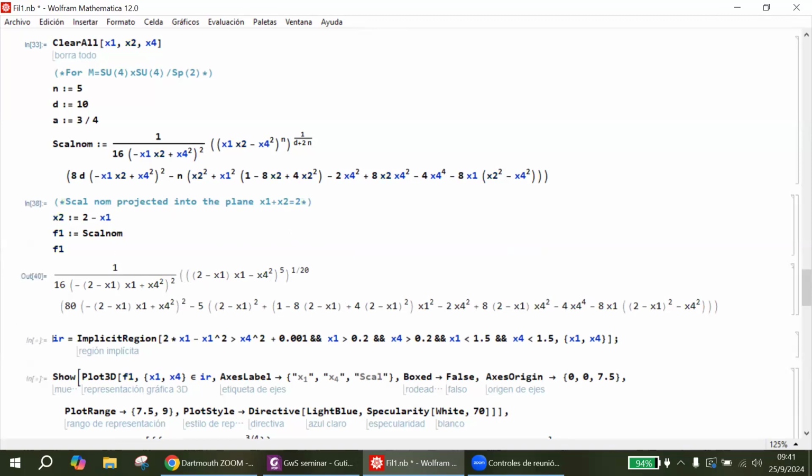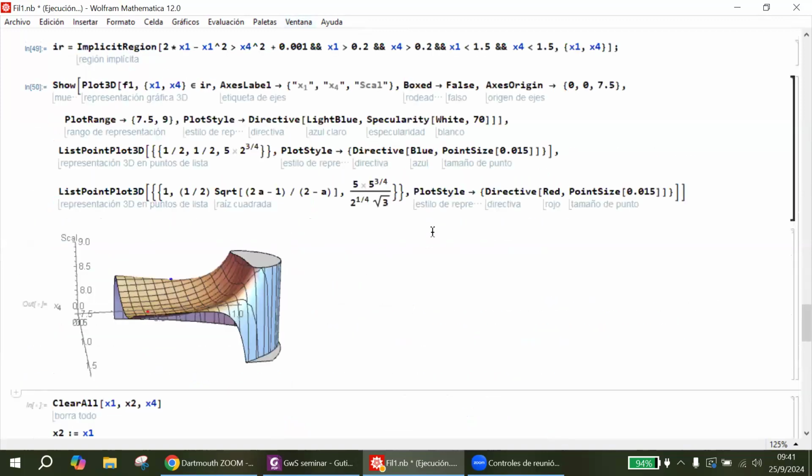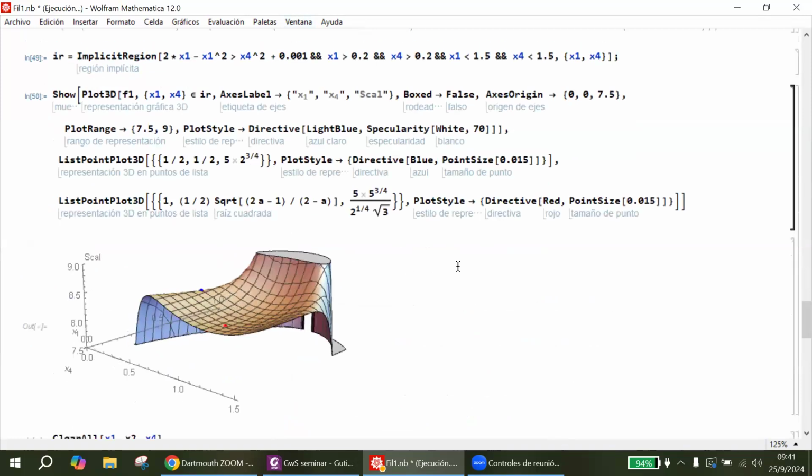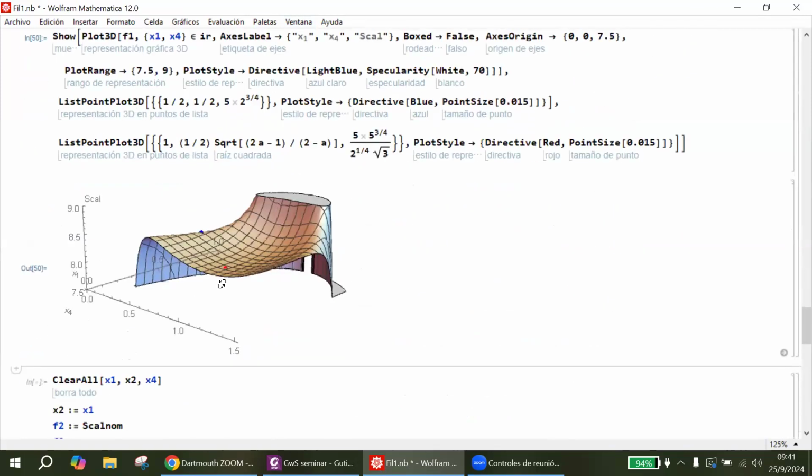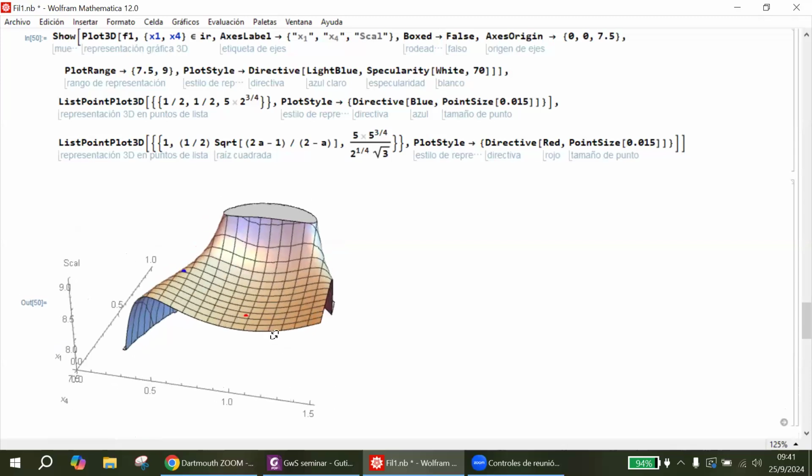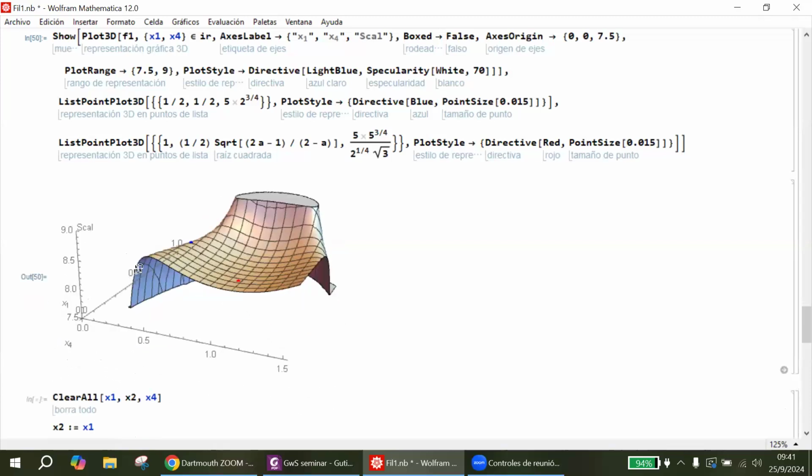Let me check. Here. This is a plot in this case. The blue point is the metric G5.